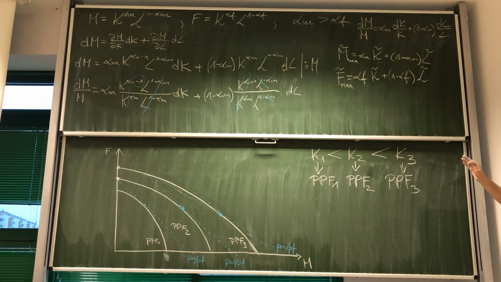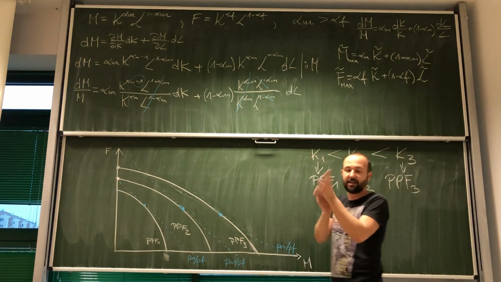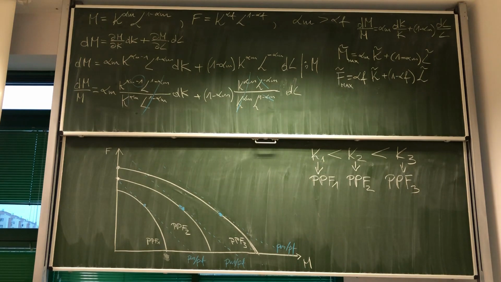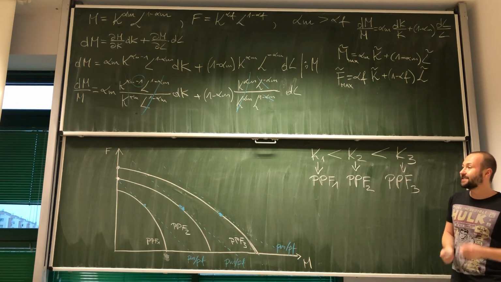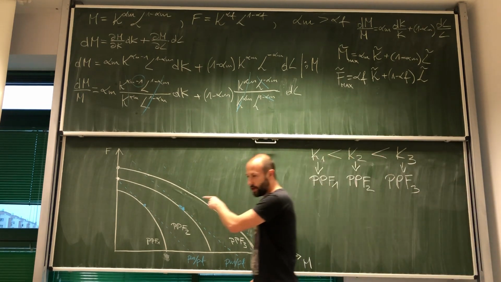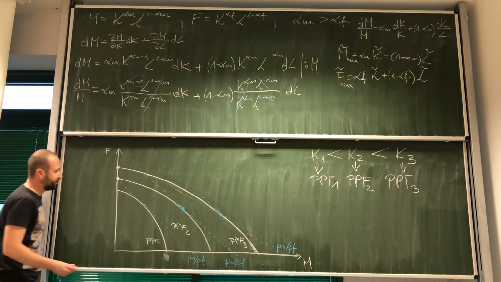So if level of capital increases, but we know the price ratio, so prices are given, then what we should expect is that the level of production of manufacturers is going to go up, and at the same time level of production of food should go down. Is this exactly what we see over here?